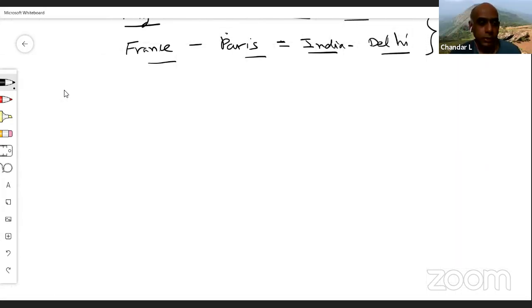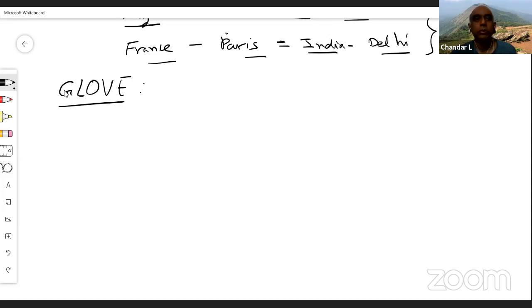So I have covered Word2Vec, and before I go to GloVe, there is one small addendum to Word2Vec. If you noticed, we used individual words, and from the individual words we came to the vectors, starting with one hot encoding and then moving on to vectors in the lower dimension.